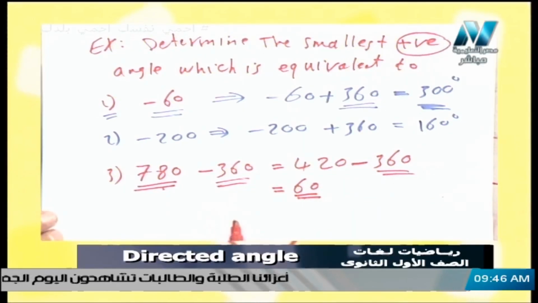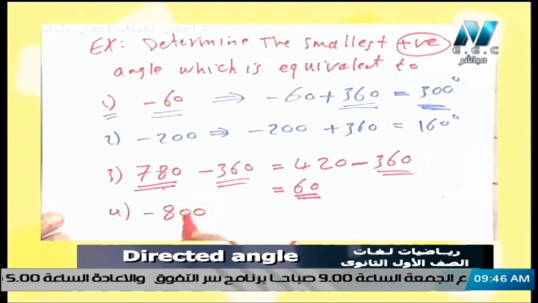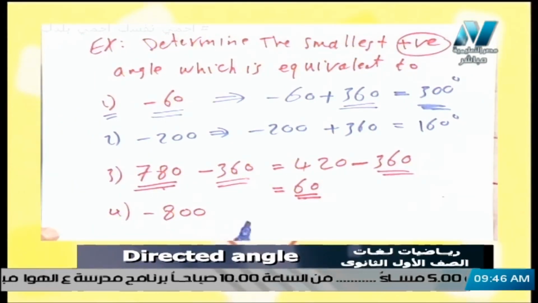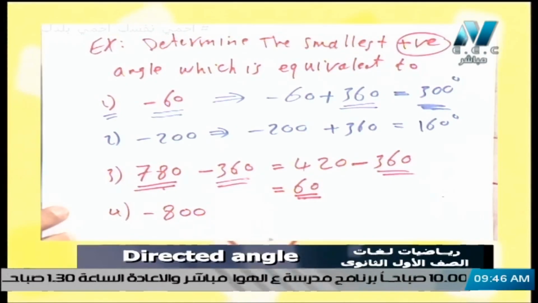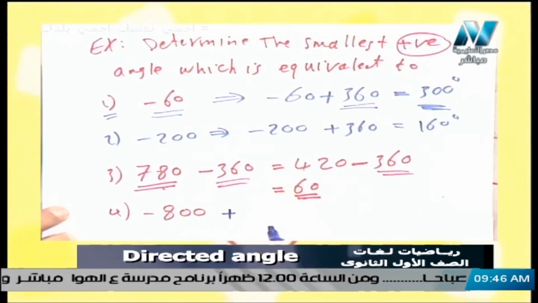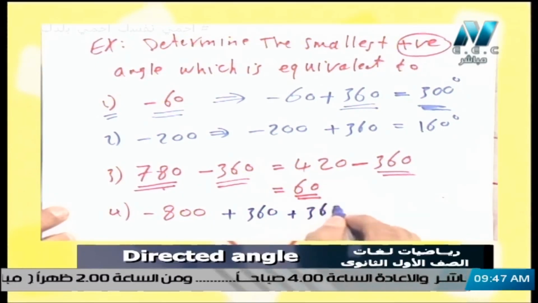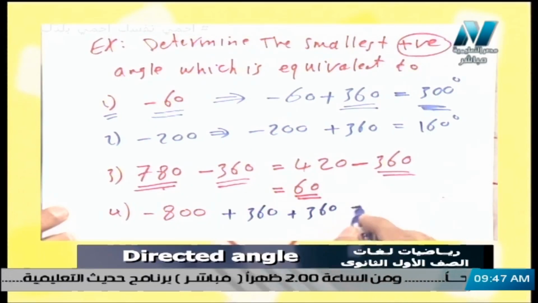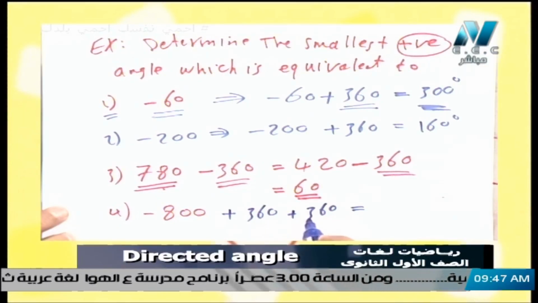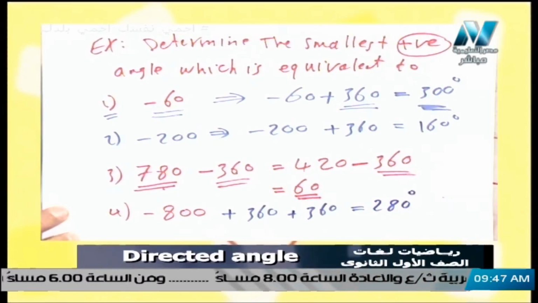Okay, let's move to another question here. If we have negative 800 and we would like to find the smallest positive angle which is equivalent to negative 800, we try to add 360 and add another one because it's more than 720, and we have two turns in the positive direction here to get 280 degrees.